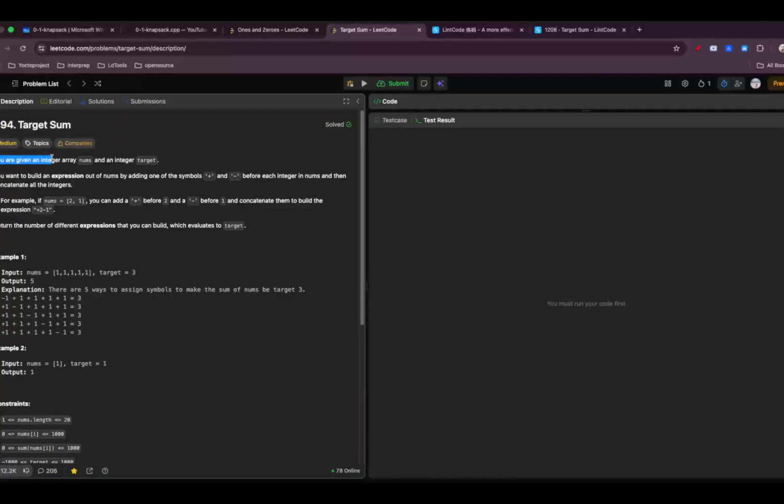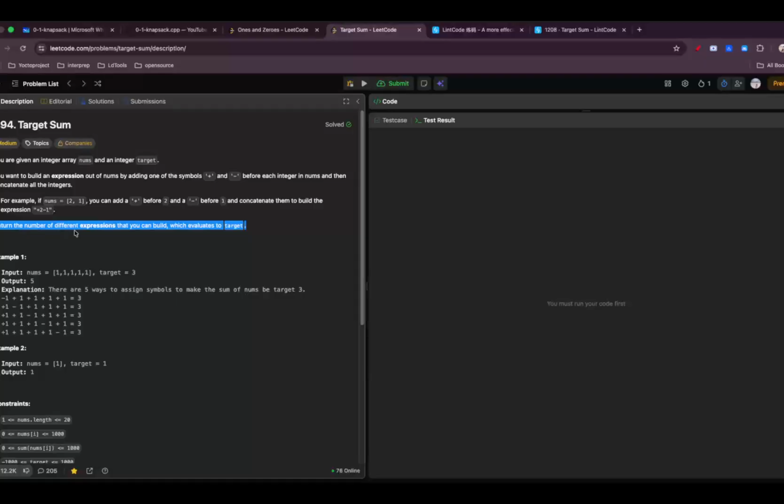You are given an integer array nums and an integer target. You want to build an expression out of nums by adding one of the symbols plus or minus before each integer in nums, and then concatenating all integers. For example, if nums equals 2 comma 1, you can add a plus before 2 and a minus before 1 and concatenate them to build the expression plus 2 minus 1.